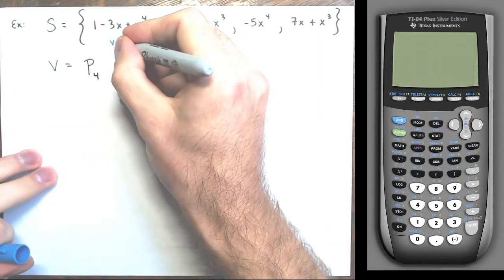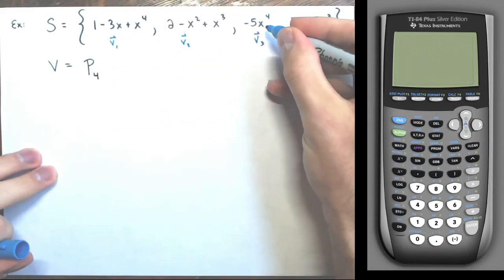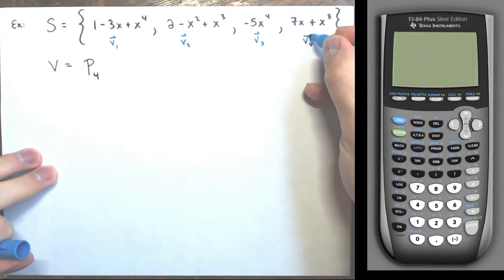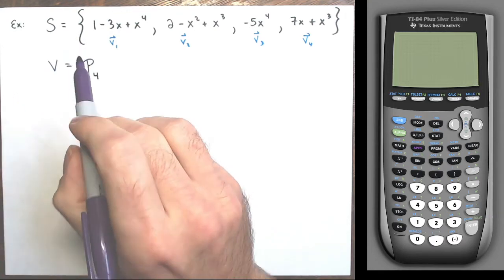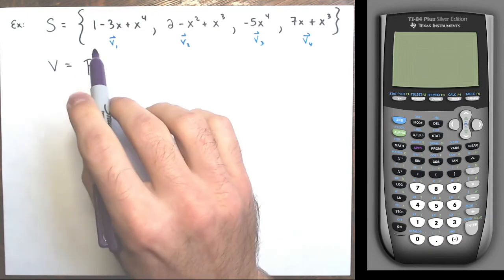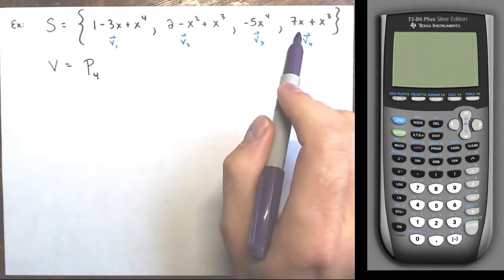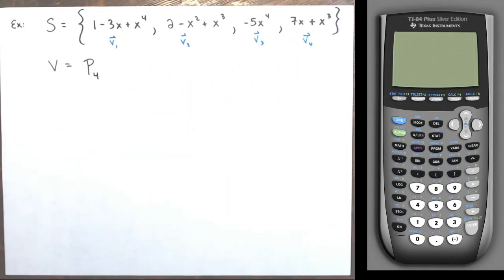I'll call this V1, V2, V3, the negative 5x to the fourth, and then V4 there. Now, if you didn't know the dimension of P4, you would have to check: does this set span P4 and is it independent? You'd have to do both.